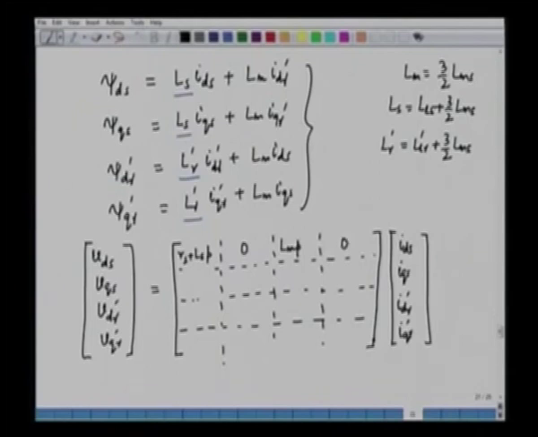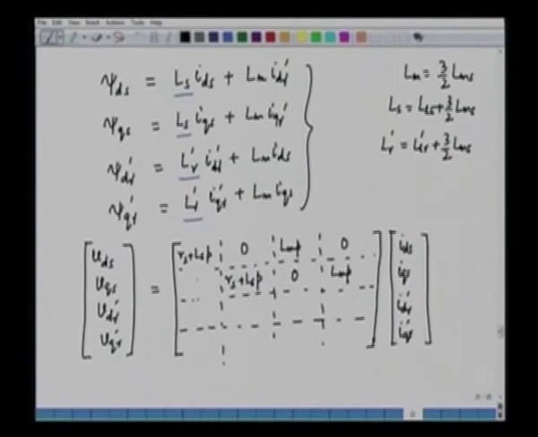The first row has been evaluated. Similarly, in the second row we have Rs plus Ls p in the q axis stator, the resistance is the same, and the inductances of the d and q axis are the same. Then we have coupling with the q axis rotor.